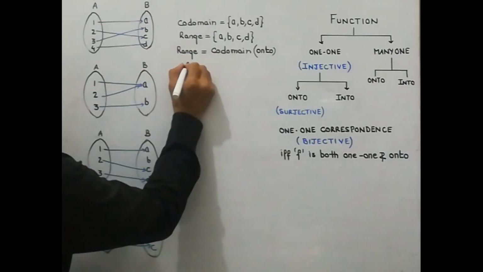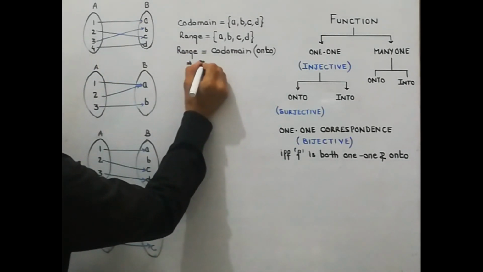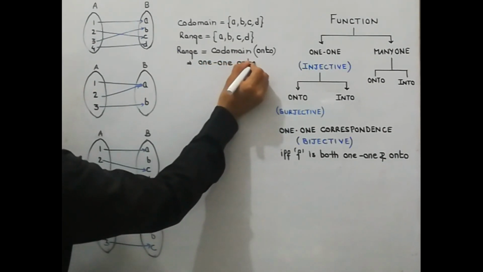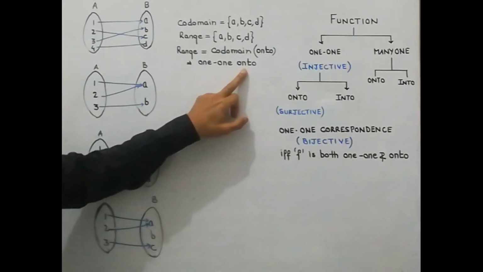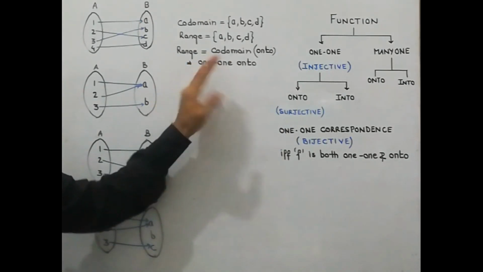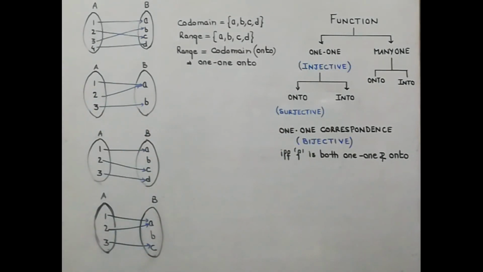So this function is 1 1 onto. It is 1 1 means it is injective, it is onto, so it is surjective, and the function which is both 1 1 and onto is called bijective. So here the first function is 1 1 as well as onto, and being both, we can say it is 1 1 correspondence or bijective.